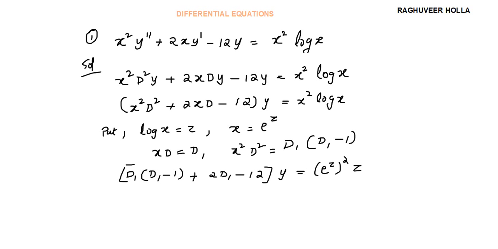Now on further simplification of this, I get d1 square plus d1 minus 12 into y, which is equal to z times e to the power of 2z, right?